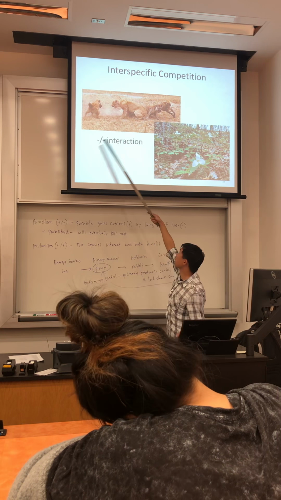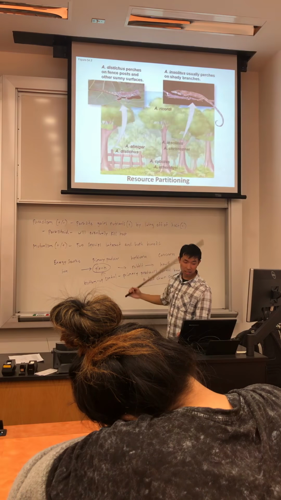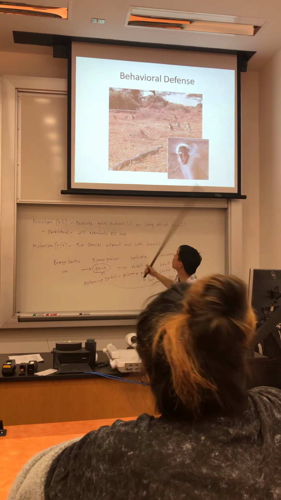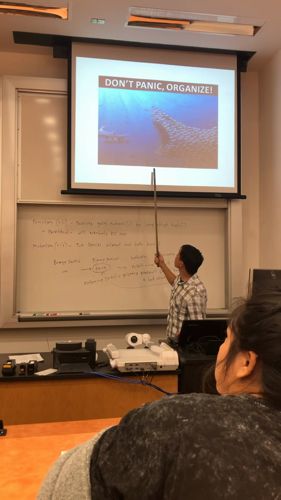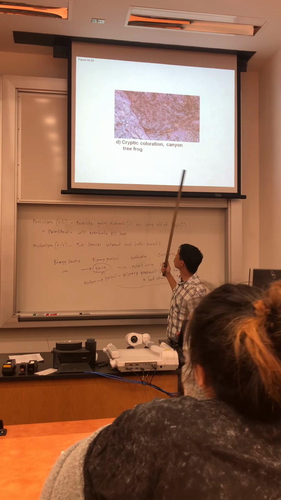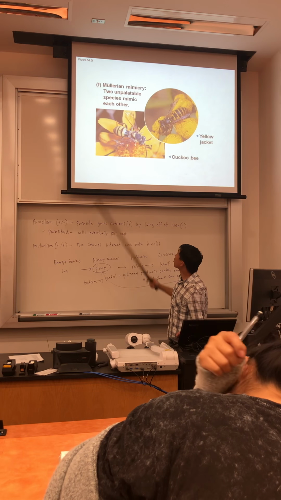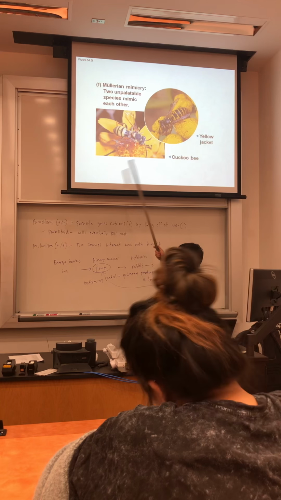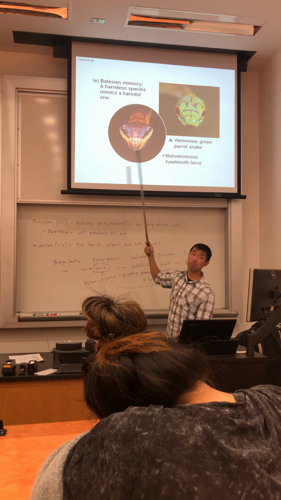So interspecific, different species compete. Predation, one eats another. Know about some of the different defenses that we talked about. So mechanical, chemical, etc. Know the difference between Müllerian mimicry and Batesian mimicry. So I could ask you which of the following is an example of one or the other.